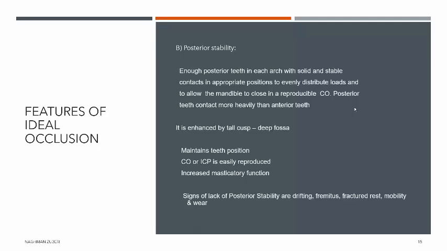At the same spot where we are getting the centric relation, without any movement further, only hinge movement will occur and teeth should be in contact. That is the ideal situation. But as I told you, unfortunately, in most individuals, we do not get that. There will be a shift from centric relation to centric occlusion.